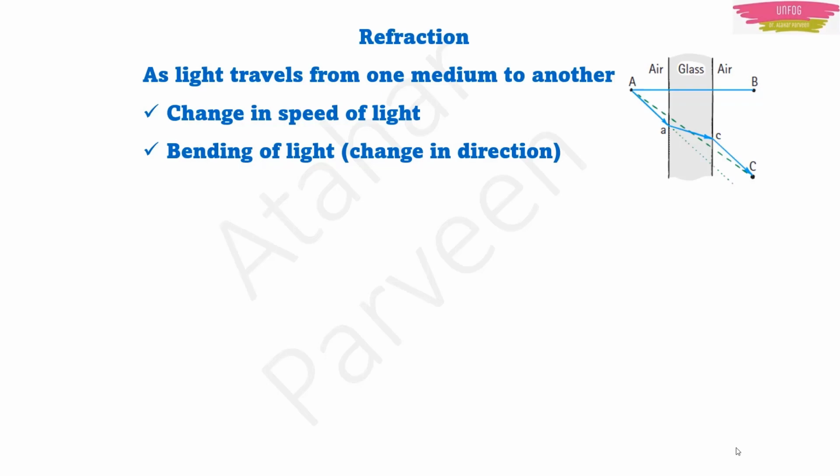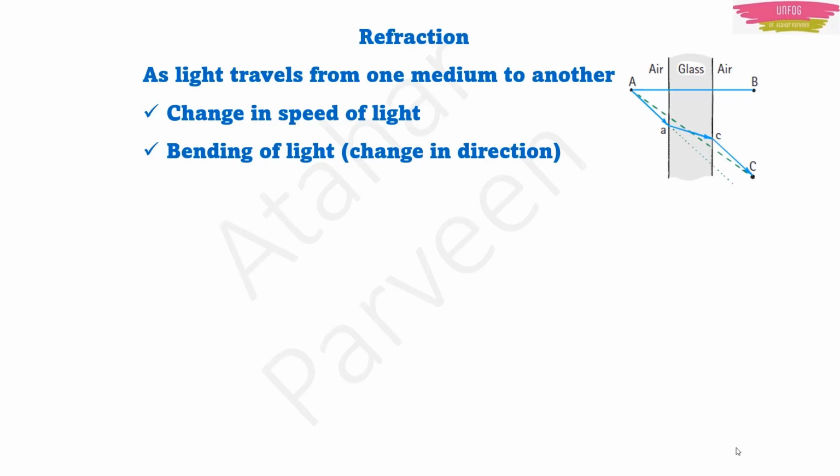Air is the rarer medium here and because glass is denser than air, glass is said to be the denser medium here. So whenever light passes from one medium to another medium, that is, from rarer to denser medium or from denser to rarer medium, the speed of the light changes and also the light bends, or the direction of the light changes when it enters into the other medium.